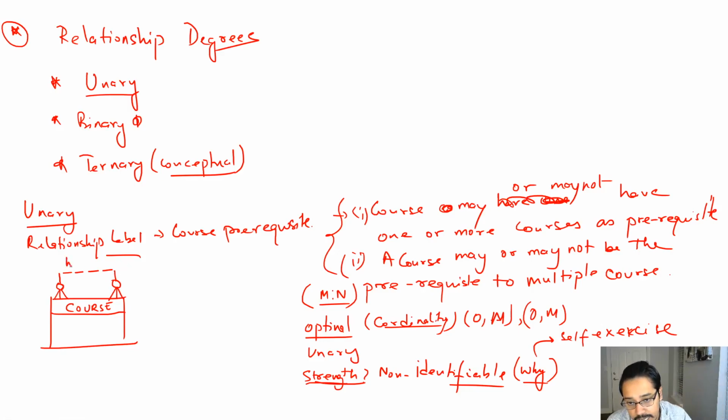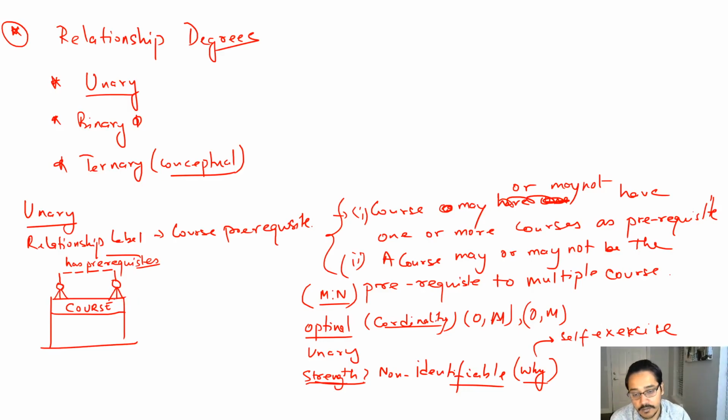Okay, so this is an example of a unary relationship. Of course you will need to have a linking table in order to implement this relationship, because it is basically m is to n.